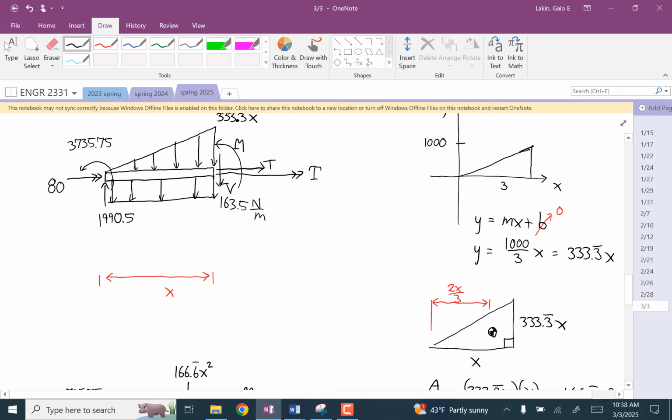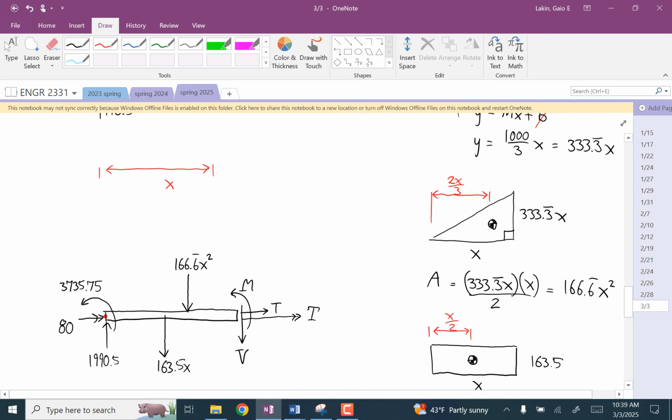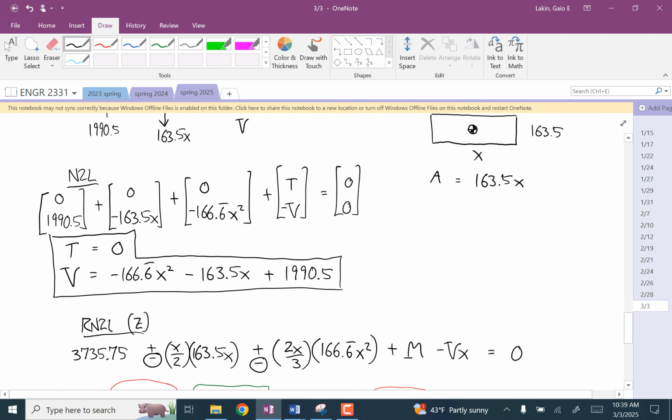Any questions about that? Okay. So let's take these derivatives. So negative dv dx for this first term is negative 333.3 repeating x. That one matches. And the derivative of this with respect to x is 163.5. So that one matches. And then 0. Any questions about that?